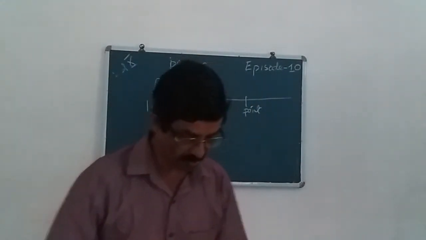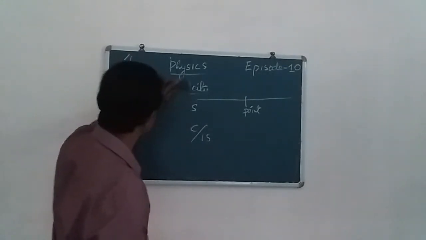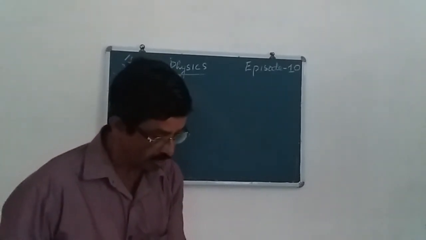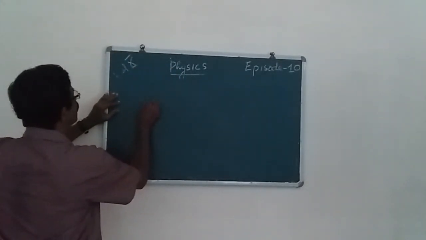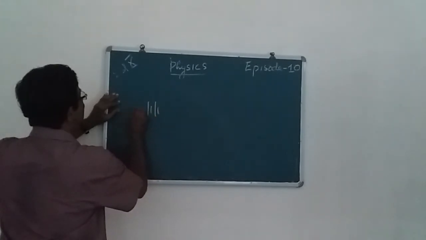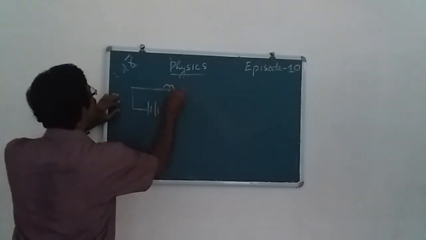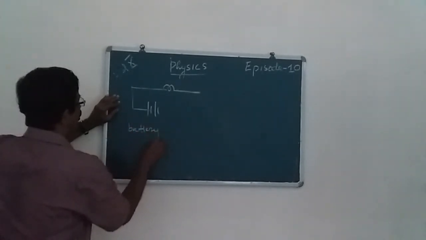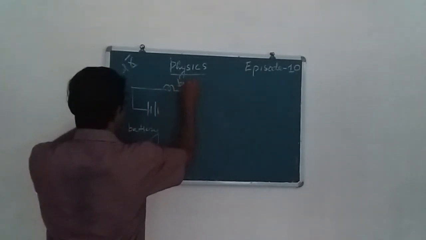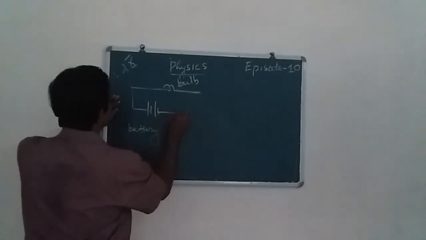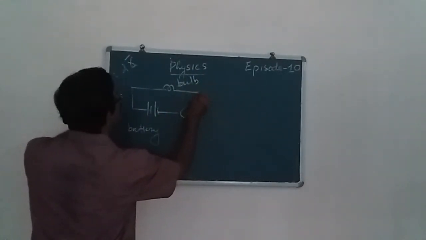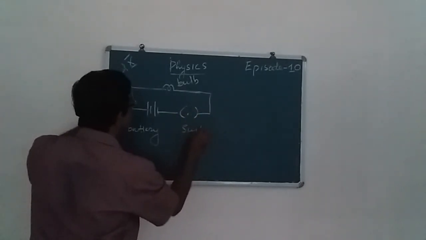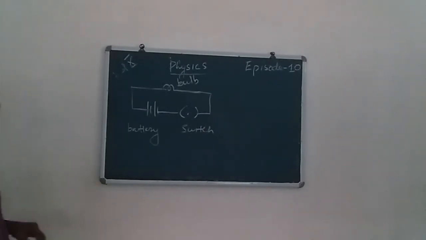See, we know what is this: this is a battery, this is a bulb, and a switch.